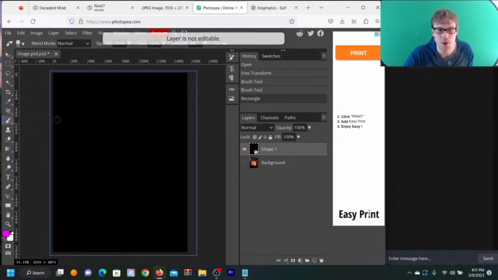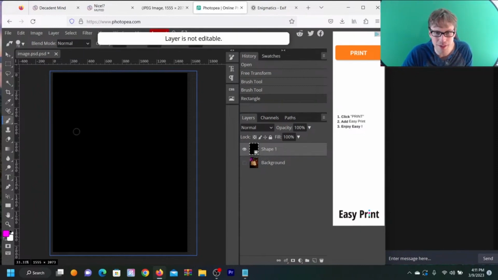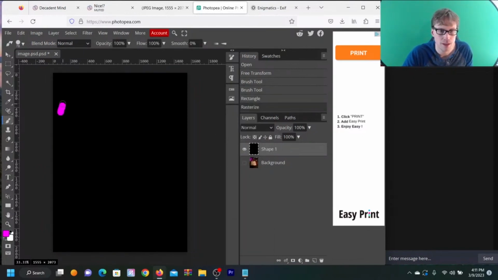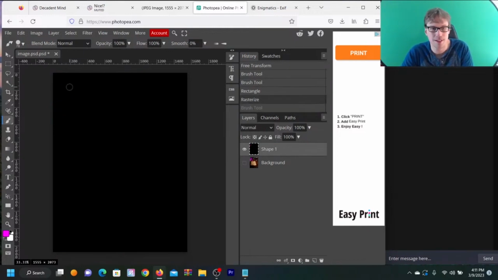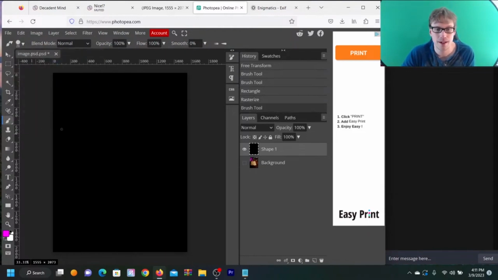Teacher goes up on the board, and why is this layer not editable? Why can't I draw on this? I just want to show a thing. This is too thick. A friend of mine went to the bathroom, and then they're like, all right, we're going to do a bet.